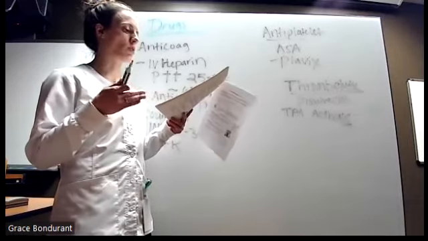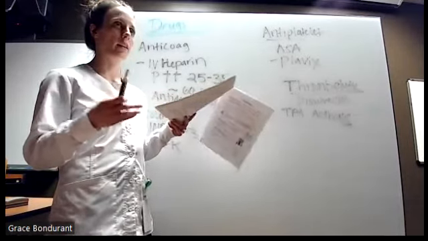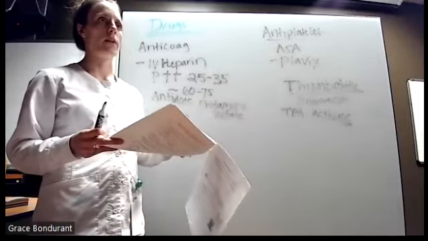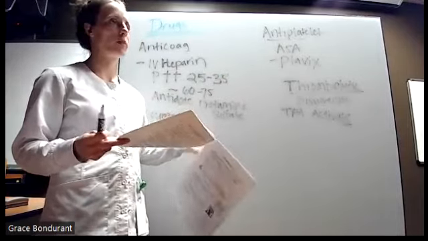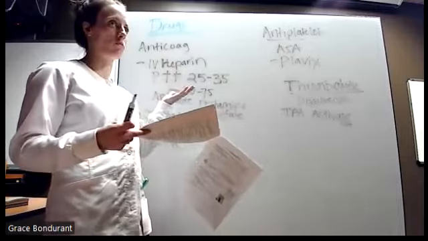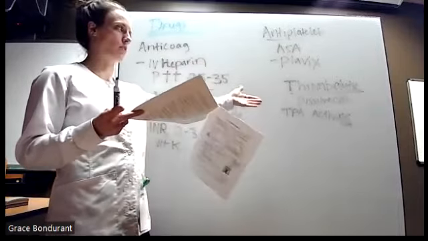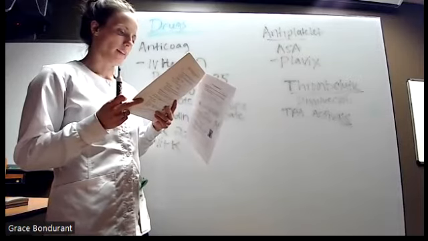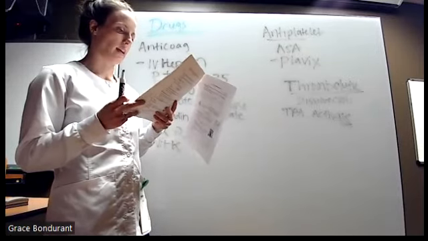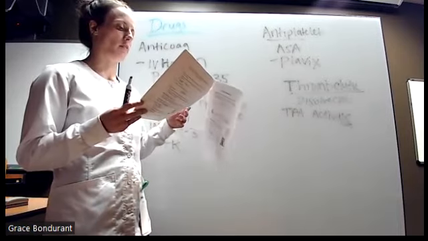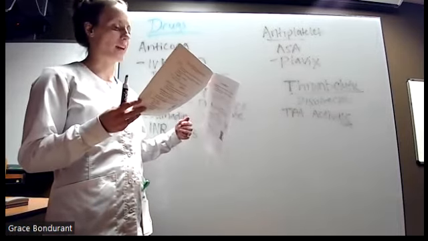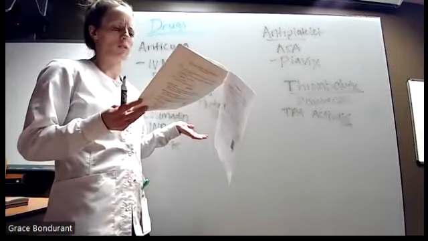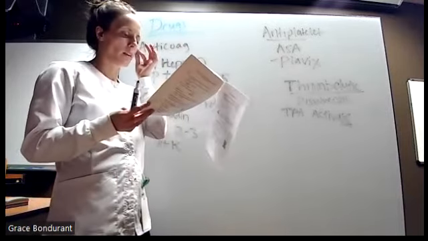If you're on oral anticoagulants, let's say you're at home and at risk for stroke, so you've been taking these at home, they can't give you this on top of it. And they can't give it to you if you have a history of ischemic stroke and diabetes. I'm not really sure why that is, but that's just on here.